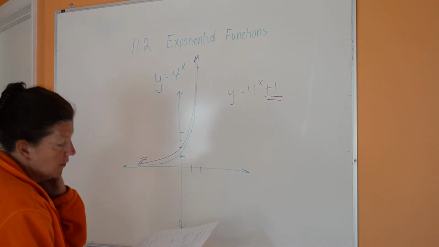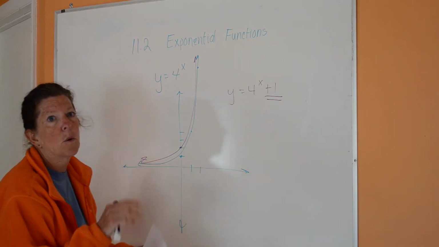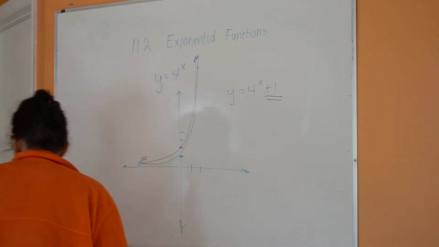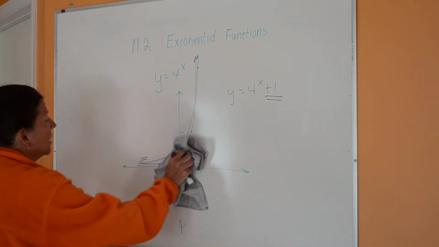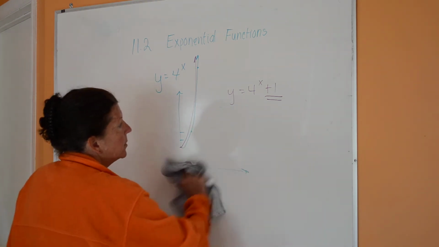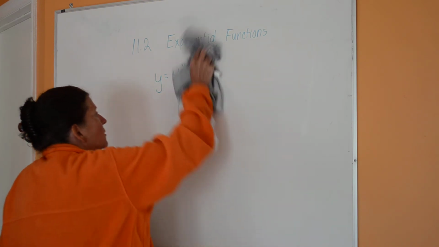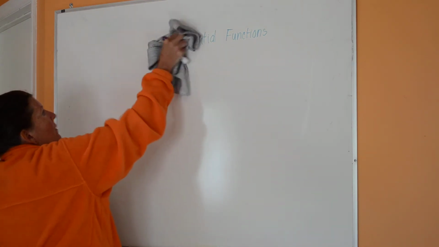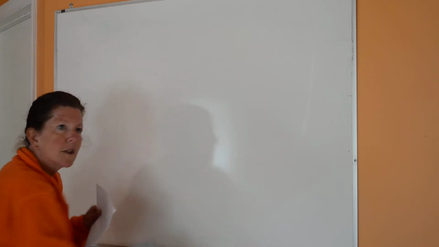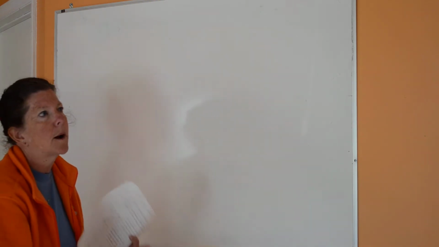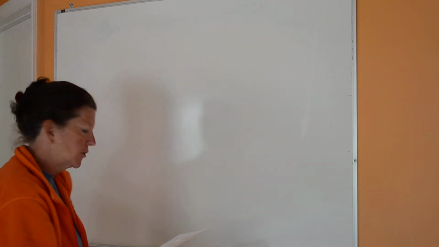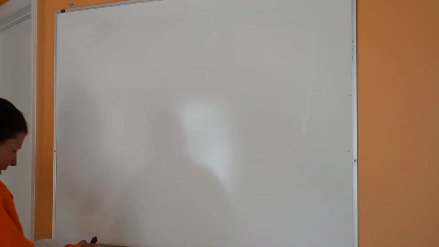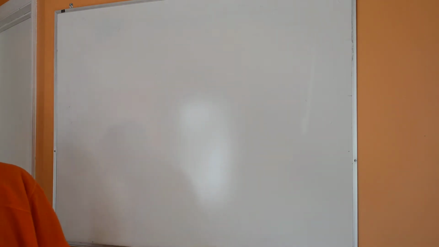Exponential functions are found in word problems, and that's where we're going to focus in on them today. Mostly finance. A lot of financial problems have exponential functions in them, and a lot of growth and decay problems, like science problems, have exponential functions in them. Basically today a lot is just going to be financial.